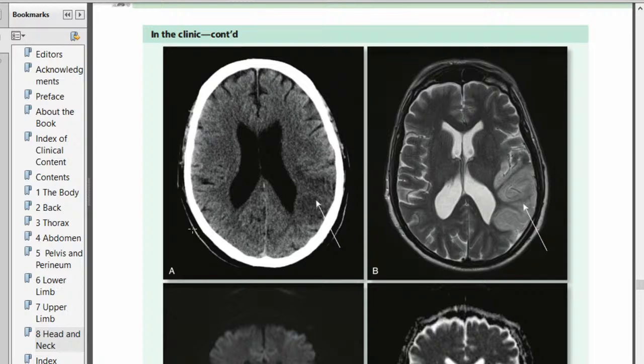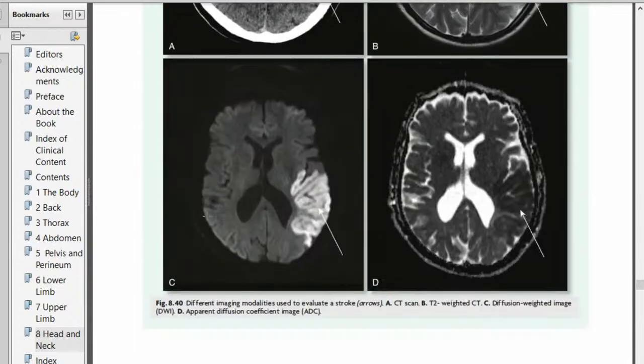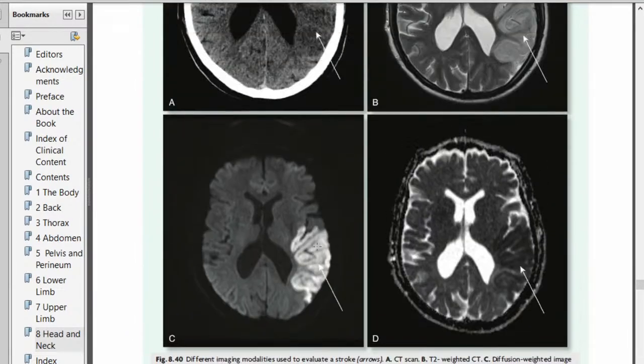It might occur in various other parts of the brain, so we'll be seeing that. This is very important in pathology. Let's see the figure: different imaging modalities to evaluate the stroke.